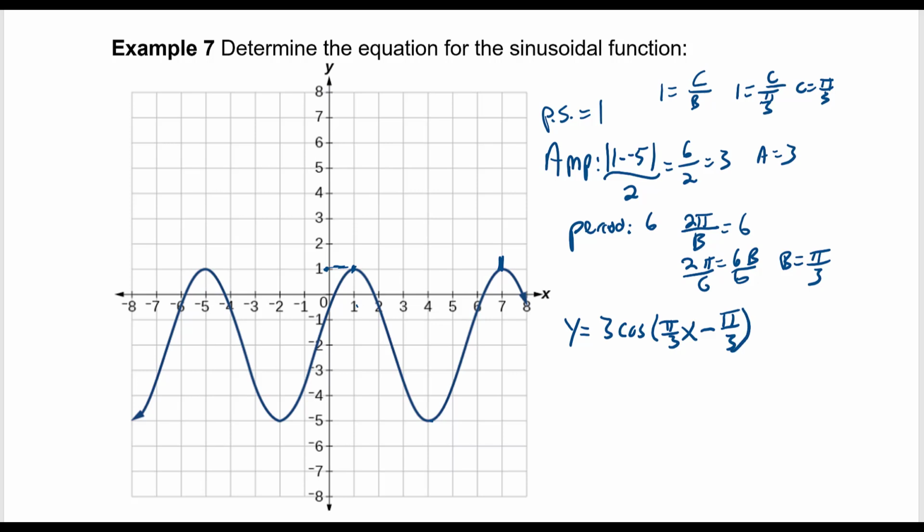And then we look at the center line. So we said 1 to negative 5, so I think the center line is at negative 2, isn't it? So that'd be right about here. So our d is minus 2. So I guess rewrite the same thing: y equals 3 cosine of pi over 3 times x minus pi over 3, minus 2.